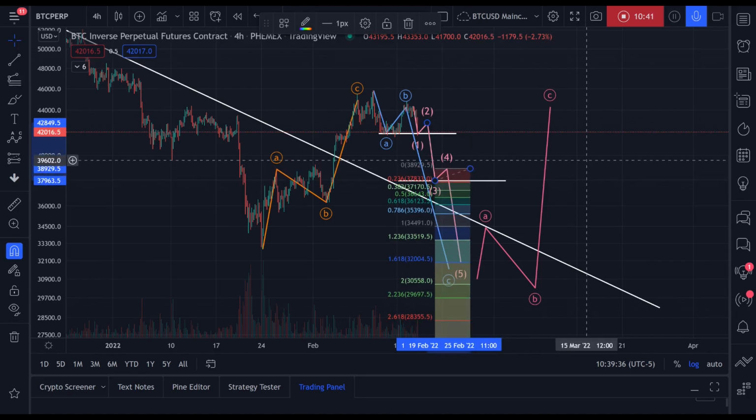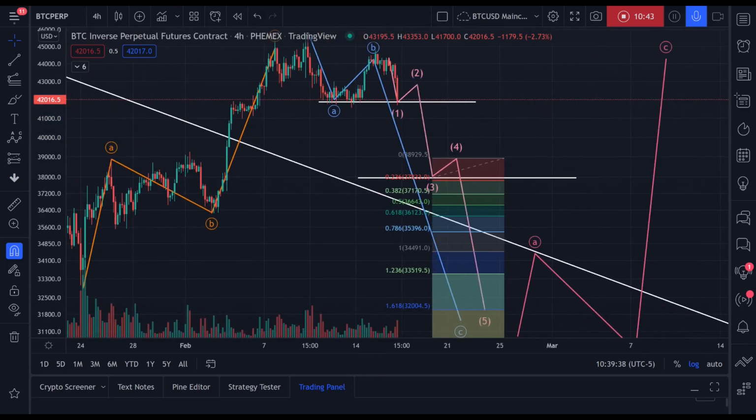And typically, on average, wave 5 we can find ends at the 0.618, which is like around 36K, okay? But why is that not viable? You'll say, well, Dean, that is a viable wave 5 because wave 5 would end right here on our 3-month support, right?